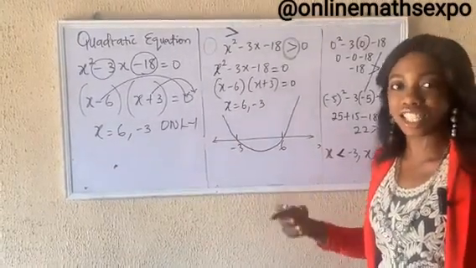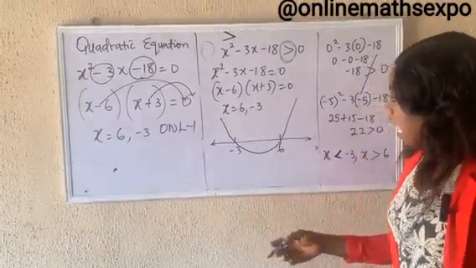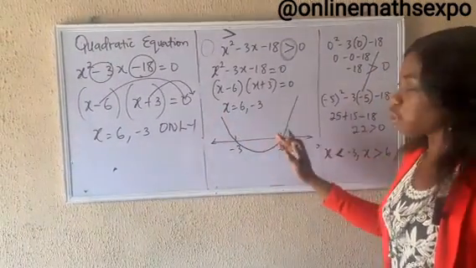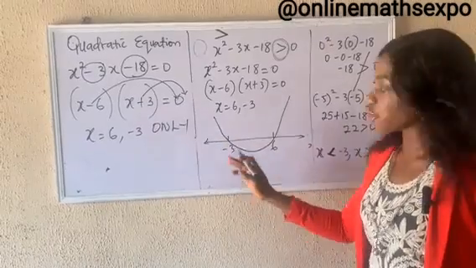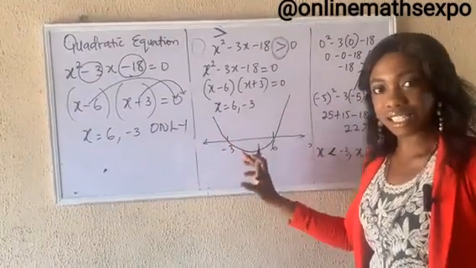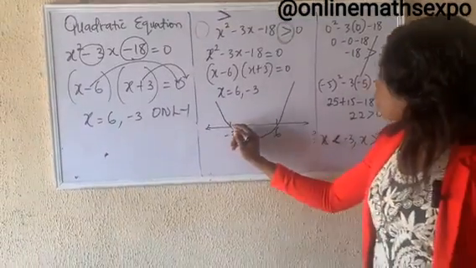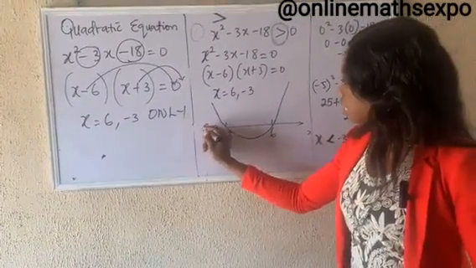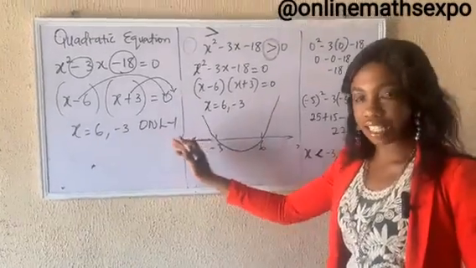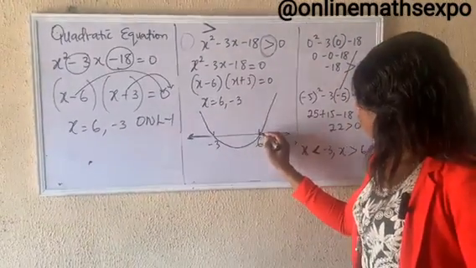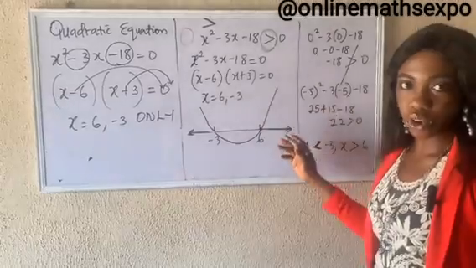So this is how to represent it on a graph, supposing the question says show it graphically. And since we have represented it, which region should we shade? The shaded region is the region that will satisfy the inequality. But remember that you've already seen that the values of x from this point to this side of the region are the ones that satisfy, and values of x from here to this point are also the ones that satisfy.